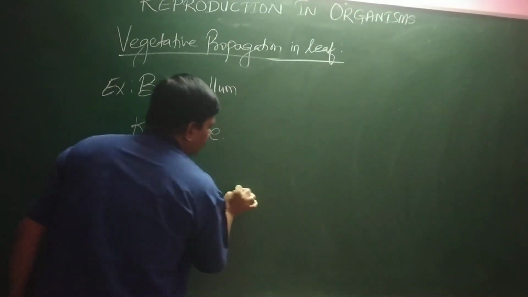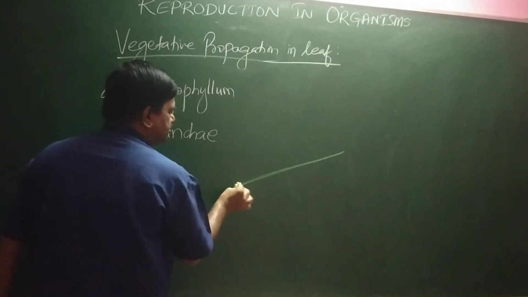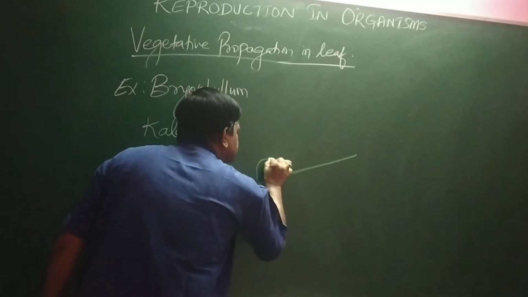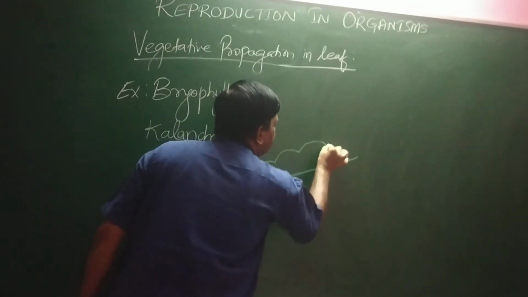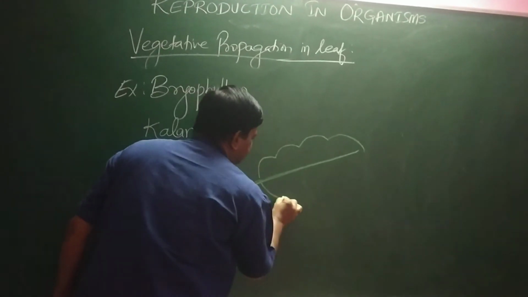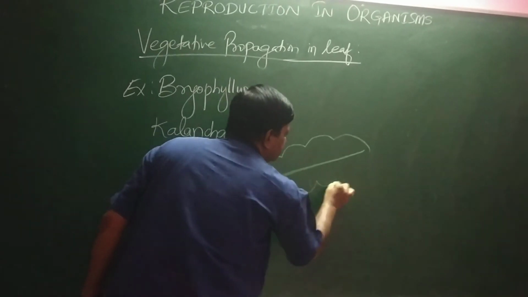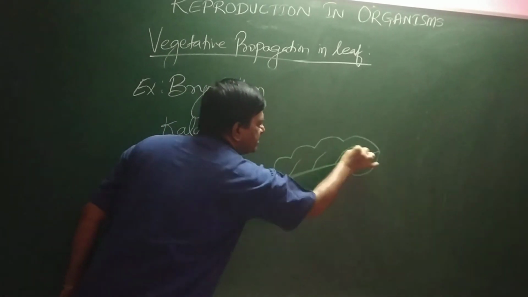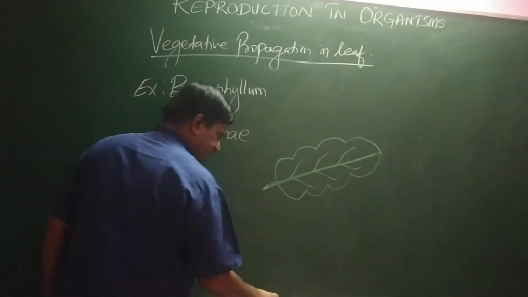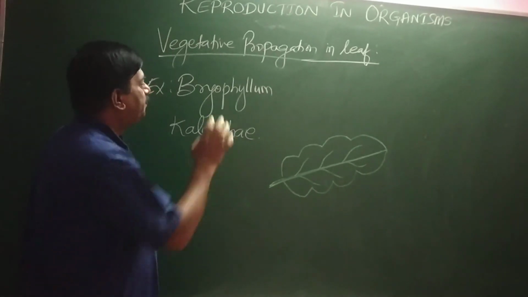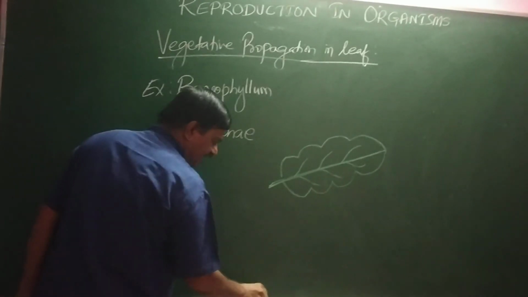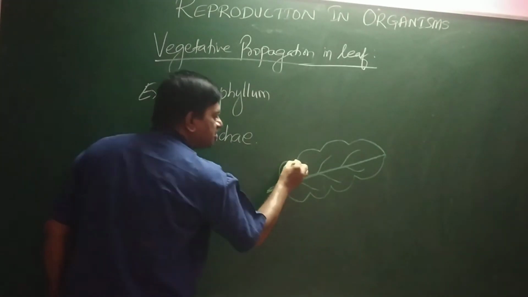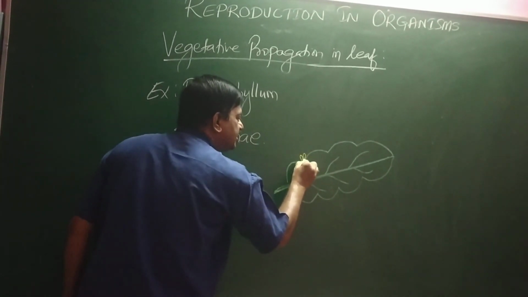In this leaf, we see that there is a petiole. The petiole continues as a midrib, and the leaf has elevations, notches, like this. Here there are veins. In this bryophyllum, new plants are present at the leaf notches, leaf apex, and leaf margins.